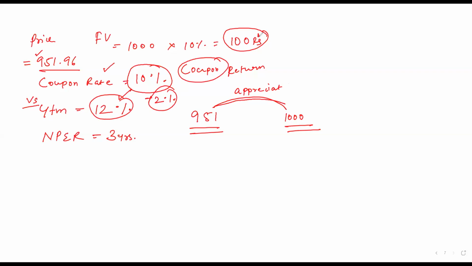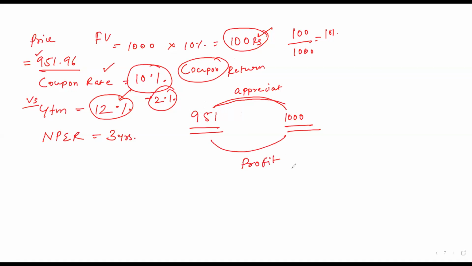Coupon only incorporates this 100 divided by 1000. That was 10%. But is this the only return? No. You have also bought something worth 951, and you got 1000 for it. So this profit of 49 rupees is not incorporated in coupon rate.